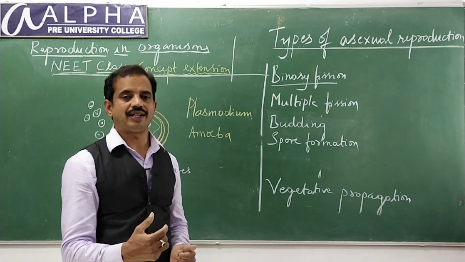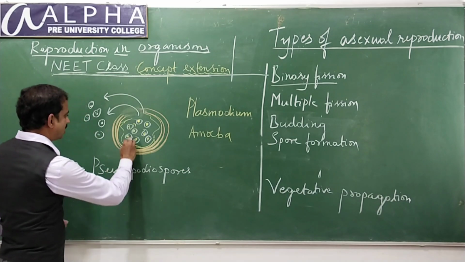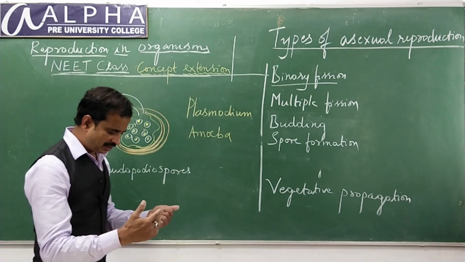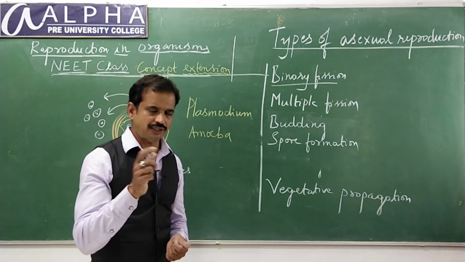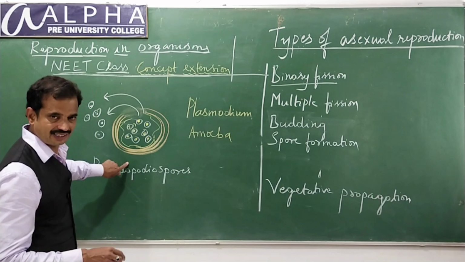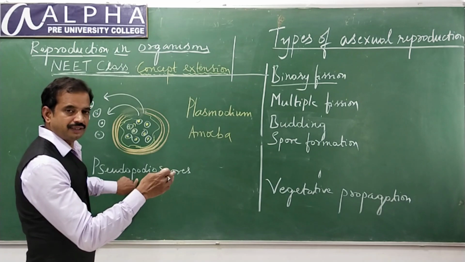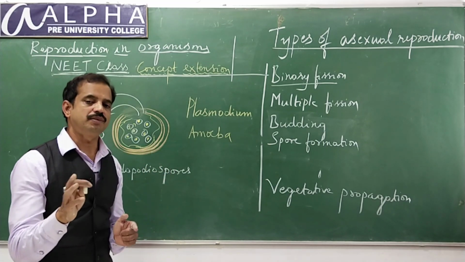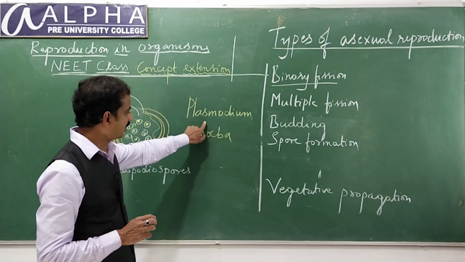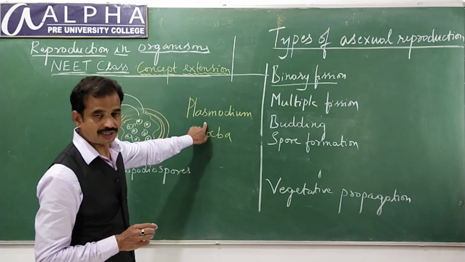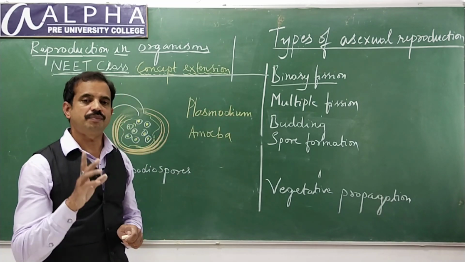Later on, each nucleus receives a bit of cytoplasm, produces pseudopodiospores, and with the return of the favorable condition, they will come out and give rise to new amoebae. Right? This is also called encystation, pseudopodiospore formation. And this is taking place by the process of multiple fission. And the multiple fission is also seen in case of plasmodium. Again, it's a protozoan which causes malaria in human beings. Plasmodium and amoeba are the examples for multiple fission, right?